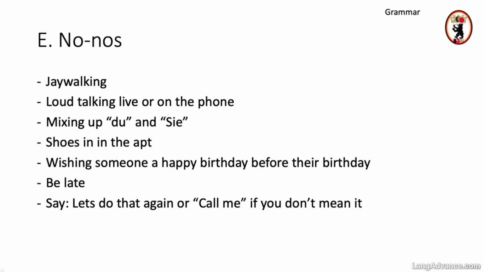Another fun fact is that you should be wary of making promises in the flow of small talk, like "Let's do that again" or "Call me," if you don't mean it. When my spouse and I were saying goodbye to one of my friends, my American spouse said carelessly, as so many Americans do, "See you later." My friend and I both stopped in our tracks and discussed at length if that was possible before we were flying back to the US.